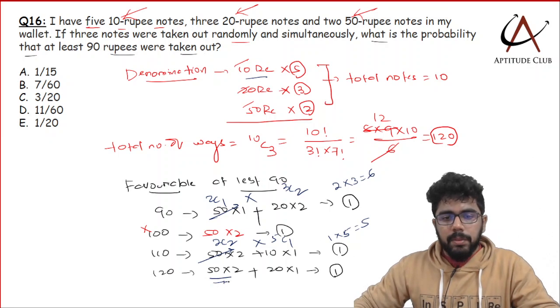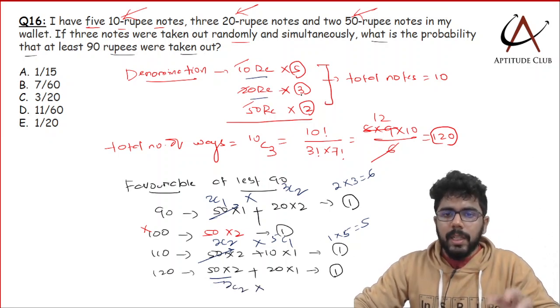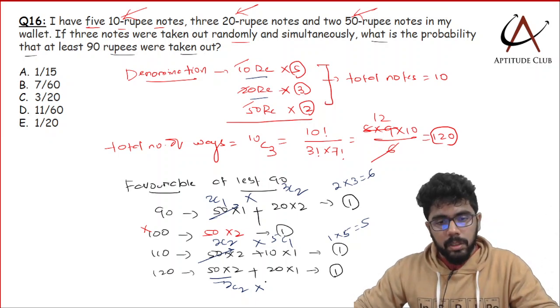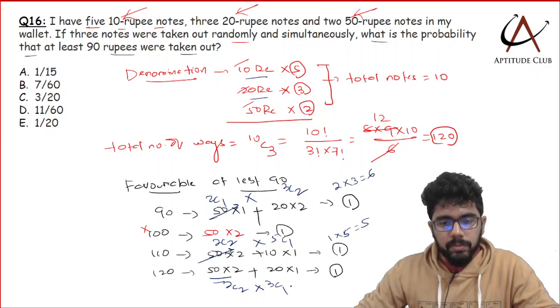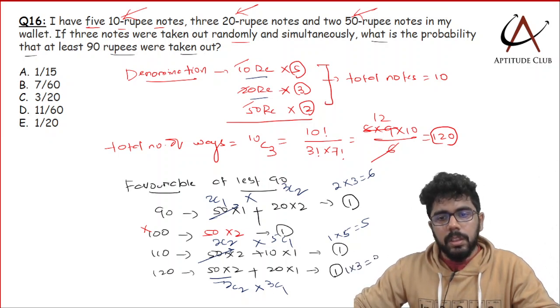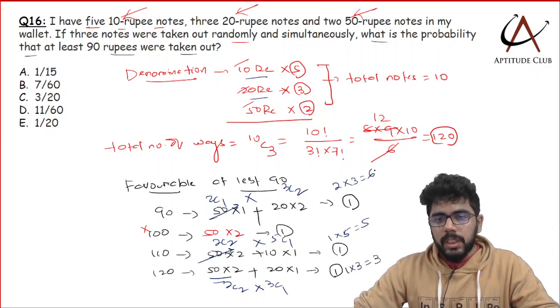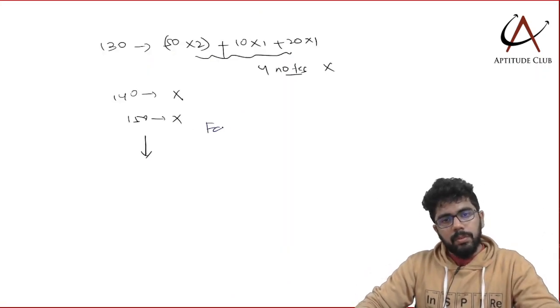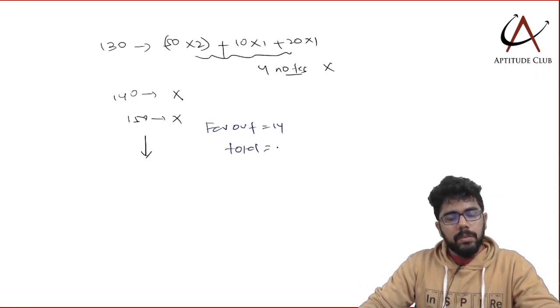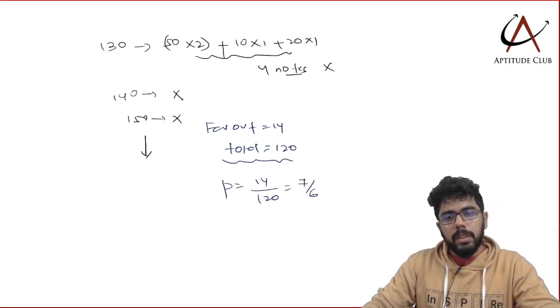And again for 120, 50 rupee notes you will pick 2, so 2C2, and out of the 3 20 rupee notes I'll pick any one, 3C1, so 1 into 3, it is 3. So 6 plus 5 is 11, plus 3 is 14, and no other case is possible. So favorable outcomes is 14, total outcomes is 120, hence my probability is 14 by 120, or 7 by 60.